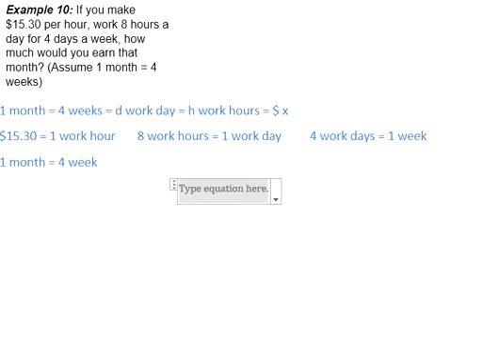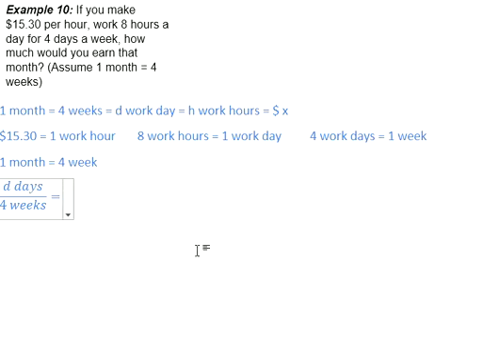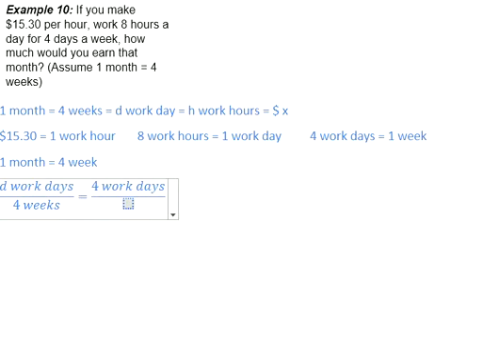So I am going to make my fraction. So I have my D days over my 4 weeks. So that is going to be compared. So I have my work days. I know that 4 work days is equal to 1 regular week. So getting rid of this denominator means I'm going to multiply both sides by 4 weeks.